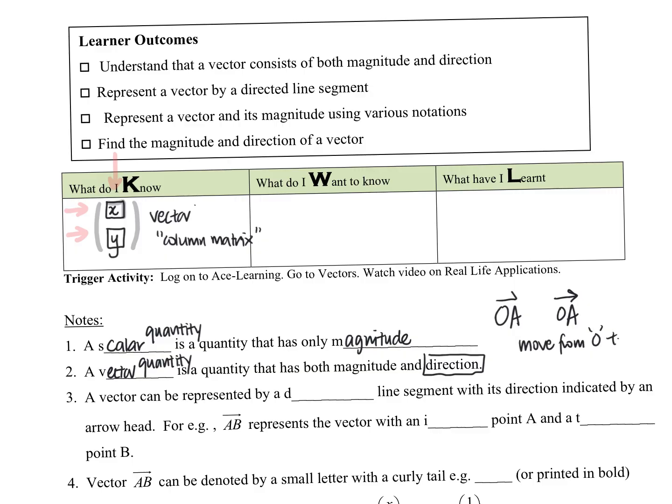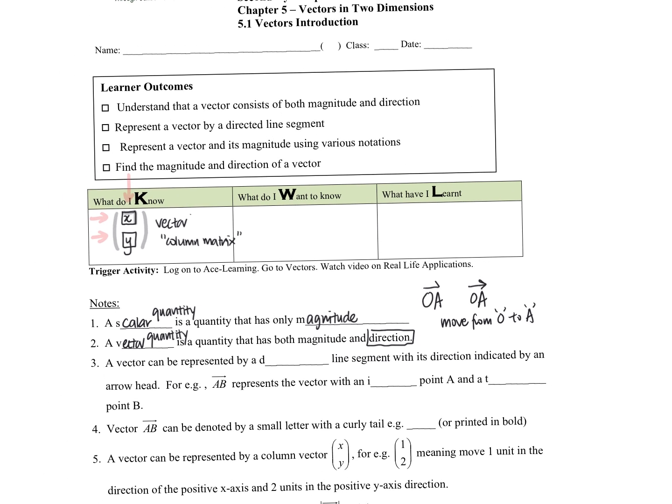origin to A. So in your coordinate geometry plane, if I say A is at (3, 5), my coordinate A is at (3, 5). To move from O to A, so this is my vector OA, I need to move 3 units to the right.